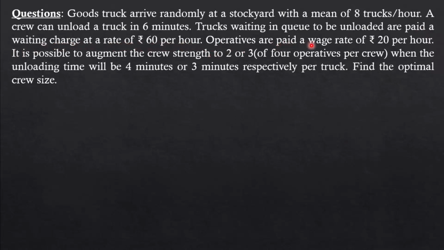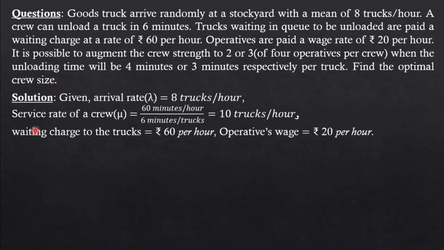Operatives are paid a wage rate of rupees 20 per hour. It is possible to augment the crew strength to 2, 3 or 4 operatives per crew, when the unloading time will be 4 minutes or 3 minutes respectively per truck. Find the optimal crew size. Now let us see the solution here.